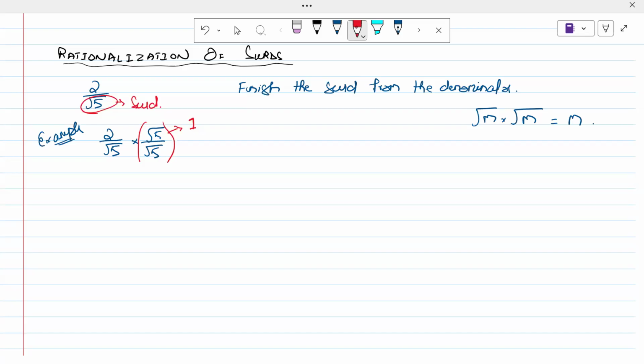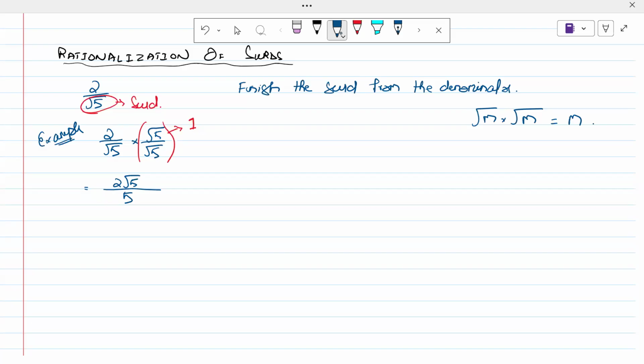How? If you multiply root 5 with root 5 in the denominator, root 5 into root 5, the root will get cancelled, giving us 5 only. And for the numerator, 2 into root 5 would be 2 root 5 only. And as a result, what you can see is we have got rid of this under root 5 from the denominator.